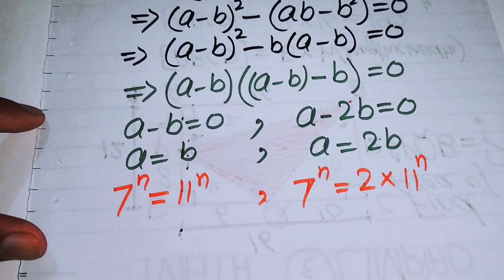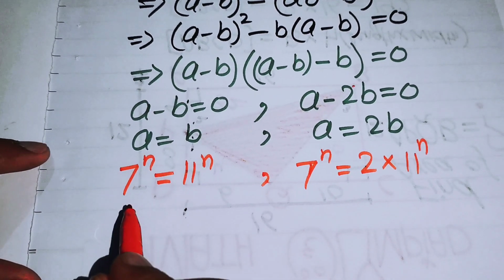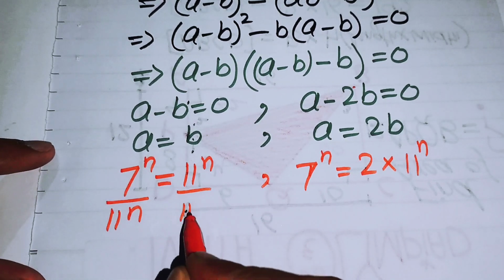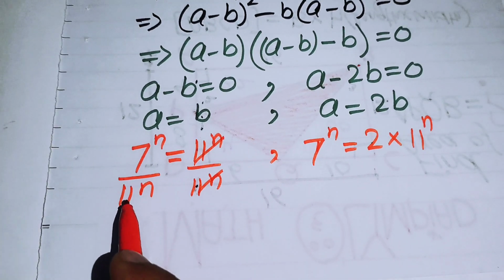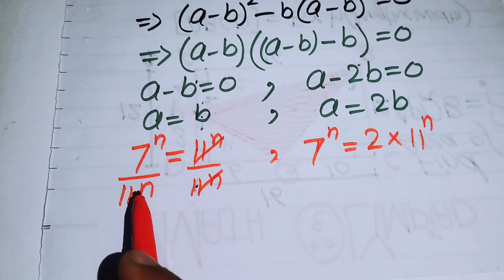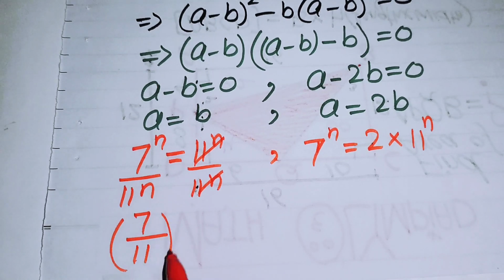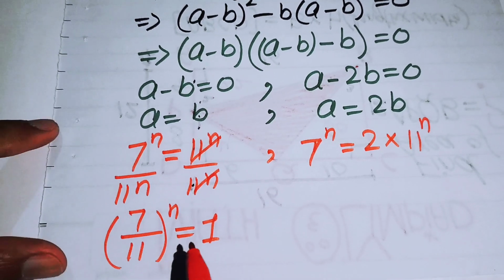So now in the next step we will divide both of the sides by 11 to the power of n. So it will look like this form, 11 to the power of n and 11 to the power of n. So these are gone, and here we can just combine the exponents of these terms, and you write it as 7 over 11 whole power n equals 1.